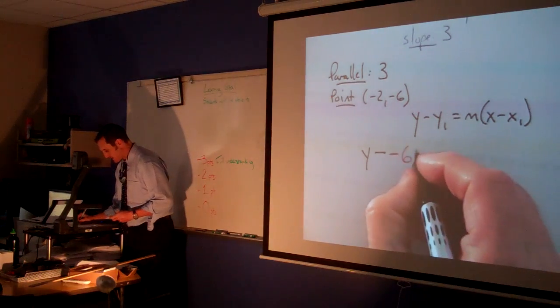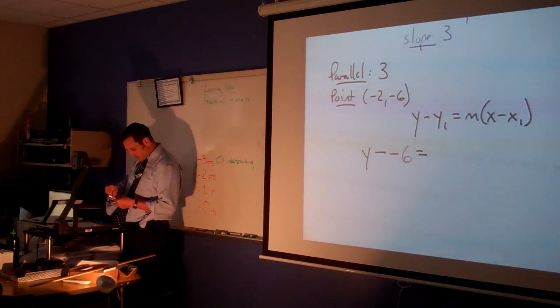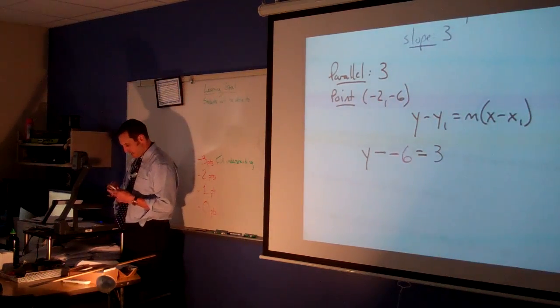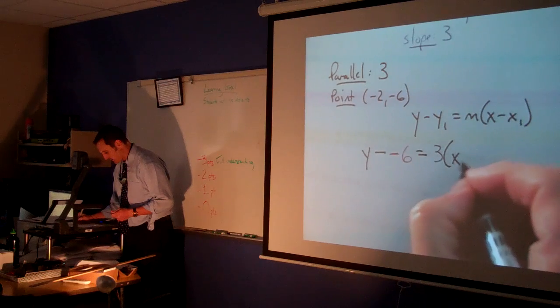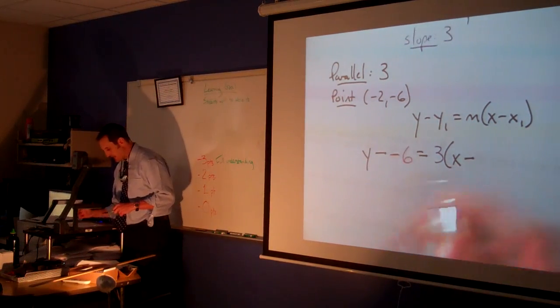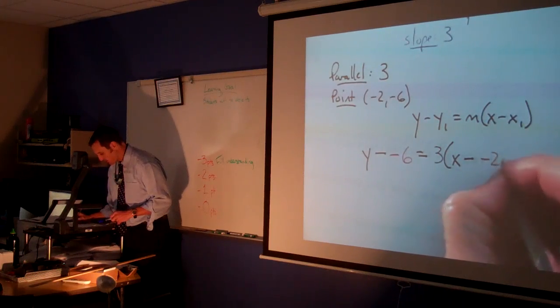The equal sign stays there. The slope is the slope that we're using, which is 3. And then we have our x that stays x, the minus sign from the formula, and then a negative 2 as the x coordinate.